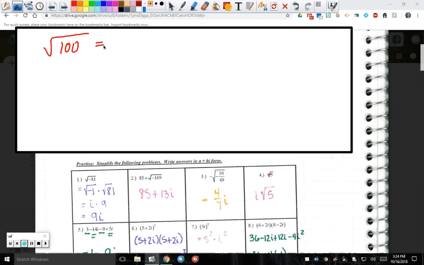Okay, so 10, but then I heard plus or minus 10. The plus and minus 10 happens when this expression is set equal to a variable.